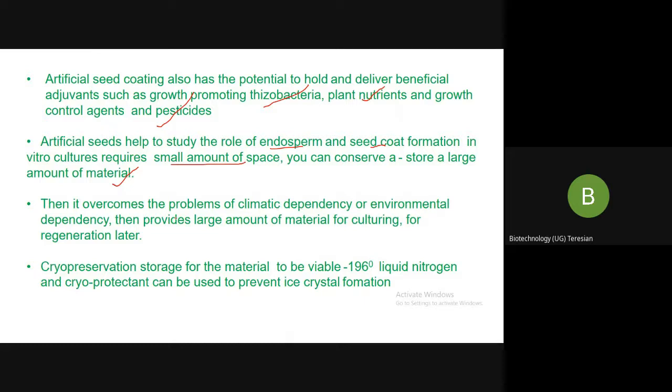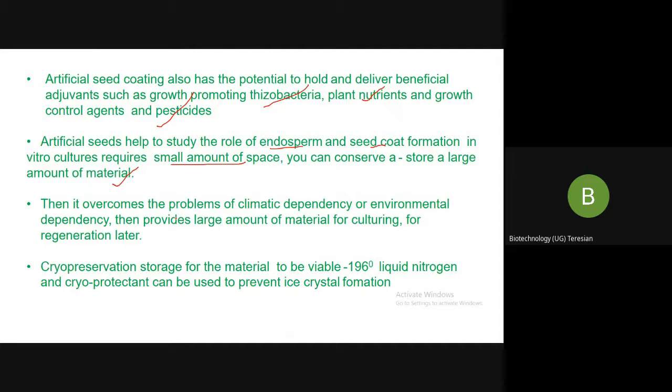Those plants and seeds which are growing in the environmental condition, they are dependent on the climatic conditions. I told you, tropical plants cannot grow in temperate, and temperate cannot grow in tropical or subtropical. It becomes difficult. And also they are dependent on the environment conditions.